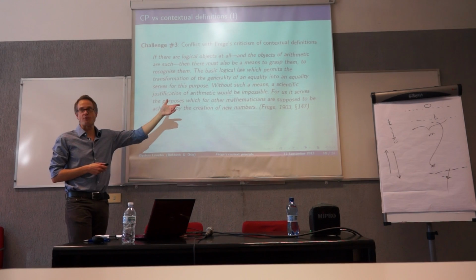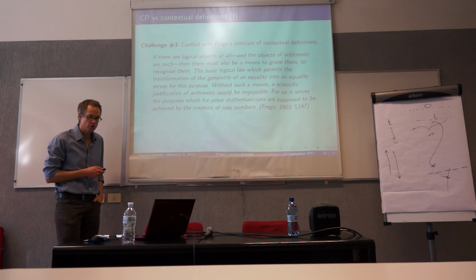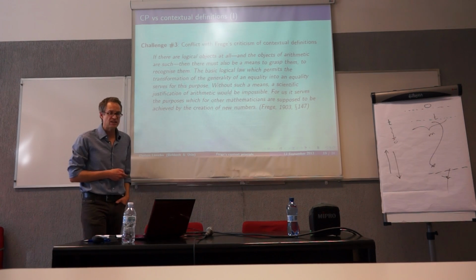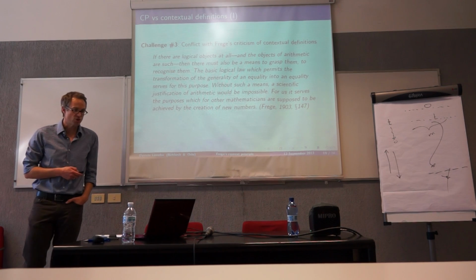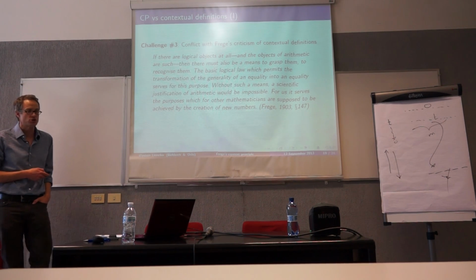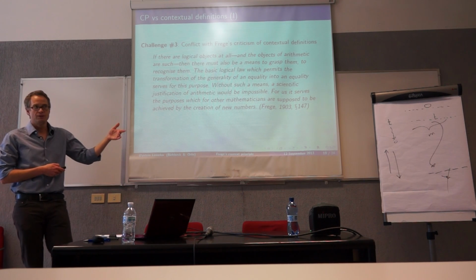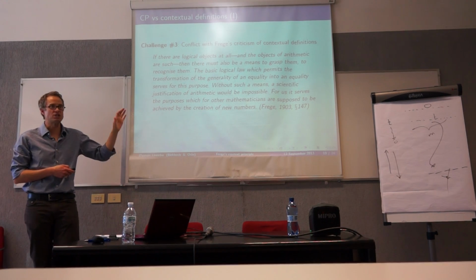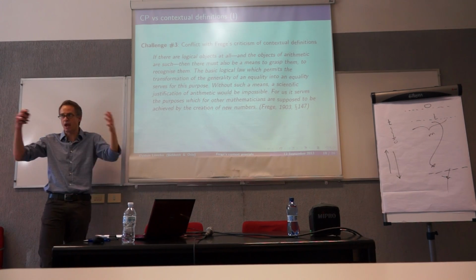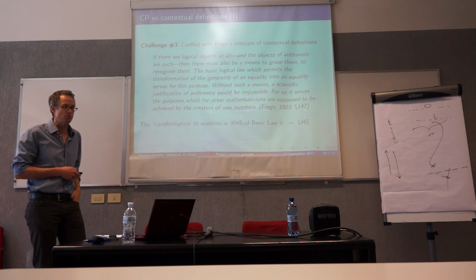That kind of transformation serves exactly for this purpose. Without such a means, the scientific justification of arithmetic would be impossible. For us, it serves the purposes which for other mathematicians are supposed to be achieved by the creation of new numbers. Right? And here he's referring to his polemic against all these people who say that we just create new mathematical objects, and that's how we solve the epistemological problem.